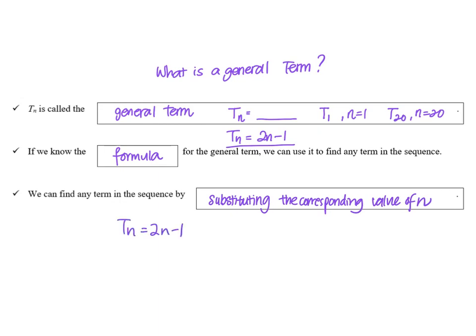If I want to find term 20, n will now be equal to the number 20. Then term 20 will follow this formula, 2 times n minus 1, and the answer is 40 minus 1, which is 39. That's just one example. Let's try a little bit more questions.